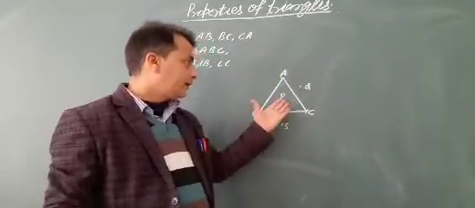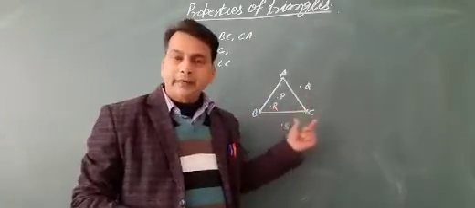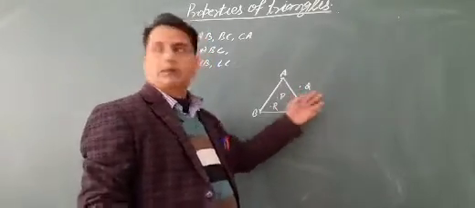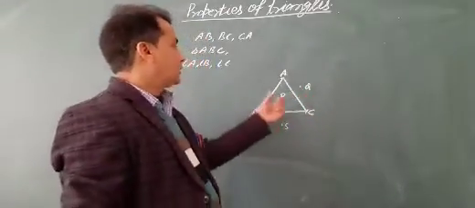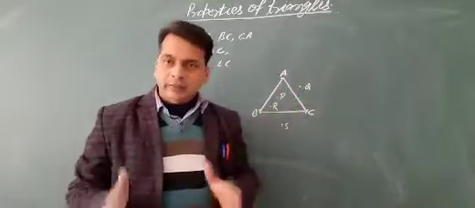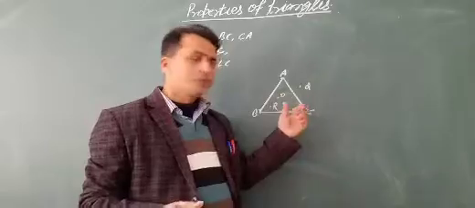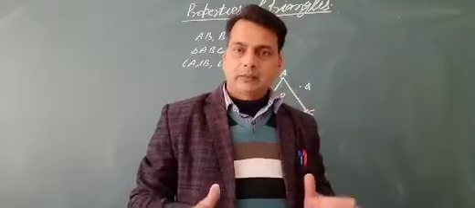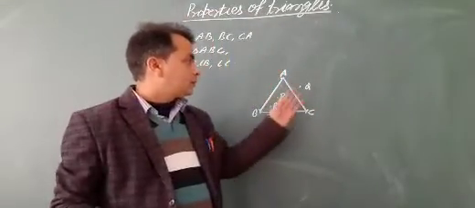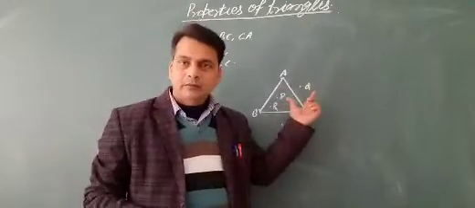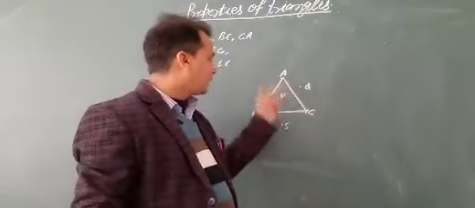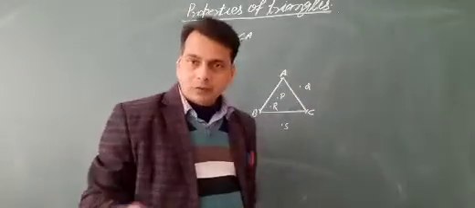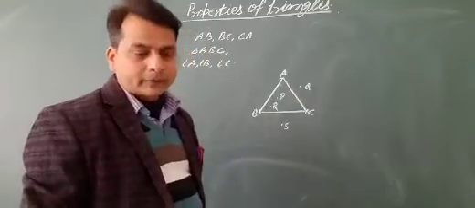Here the points P and R are interior points, and points Q and S are exterior points, because P and R lie inside triangle ABC. Q and S lie outside triangle ABC, so these points are known as exterior points.